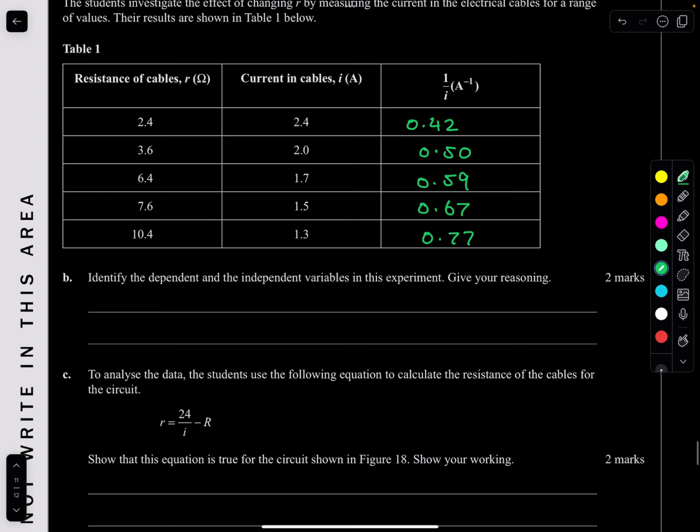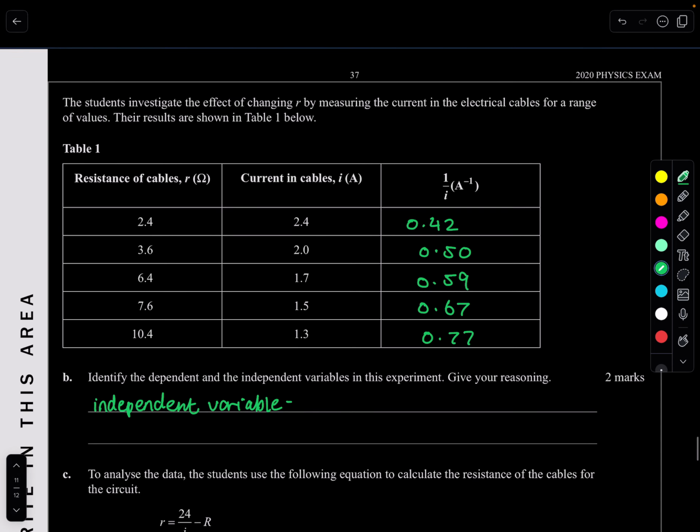Identify the dependent and independent variables in this experiment. Your independent variable is the variable that you play around with, or the variable that you can affect. It's your resistance, because the students investigate the effect of changing it. They can change that resistance. And what are they measuring? The current. So your dependent variable is the current, because that's what we're trying to measure.